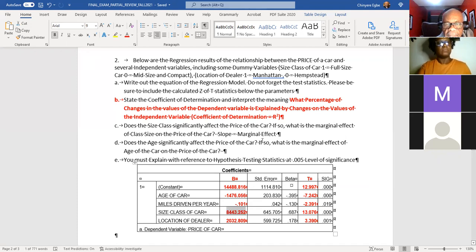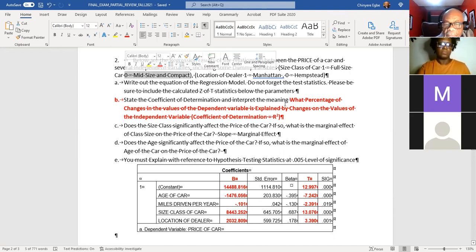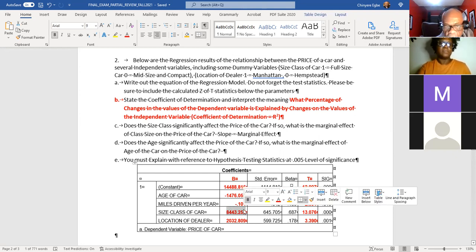So the size class affects the price of the car, and the marginal effect is 8443. For example, the dummy variable here is size class: 1 is equal to full size, and mid-size and compact is 0. So here, it means that a full-size car will add 8,443 to the price of the car.